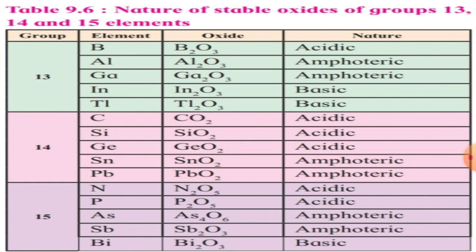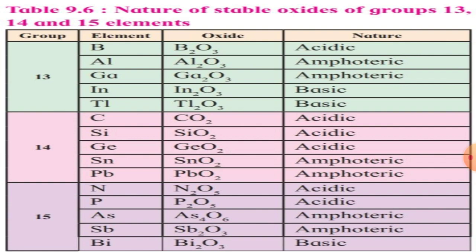So let's move forward towards group 15, in which nitrogen in oxide form is acidic in nature, phosphorus in oxide form is acidic in nature, arsenic in oxide form is amphoteric in nature, antimony in its oxide form is amphoteric in nature, bismuth in oxide form is basic in nature.